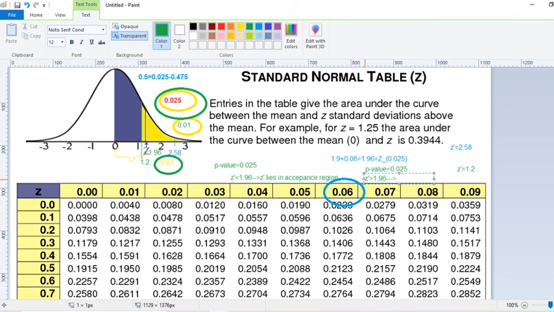It indicates that z dash lies in the rejection region. So we have to reject the null hypothesis.